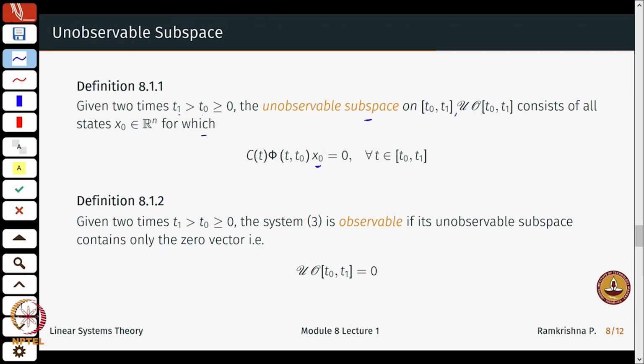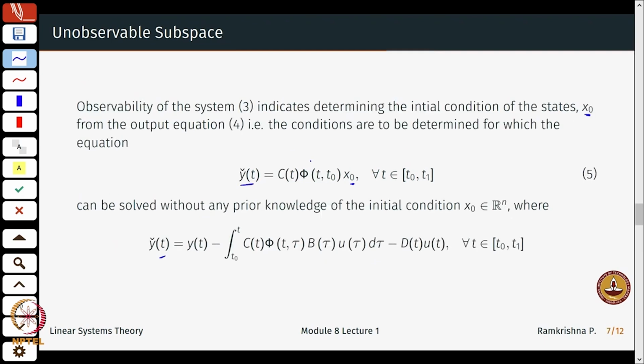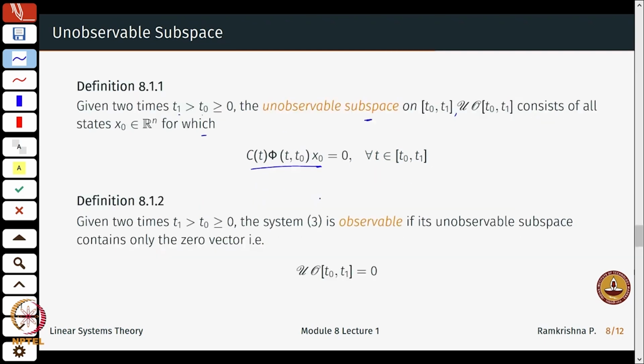I don't really talk of what x0 is at the moment. I'm just looking for solutions of this equation, coming from here. Now a system is observable if its unobservable subspace contains only the 0 vector.